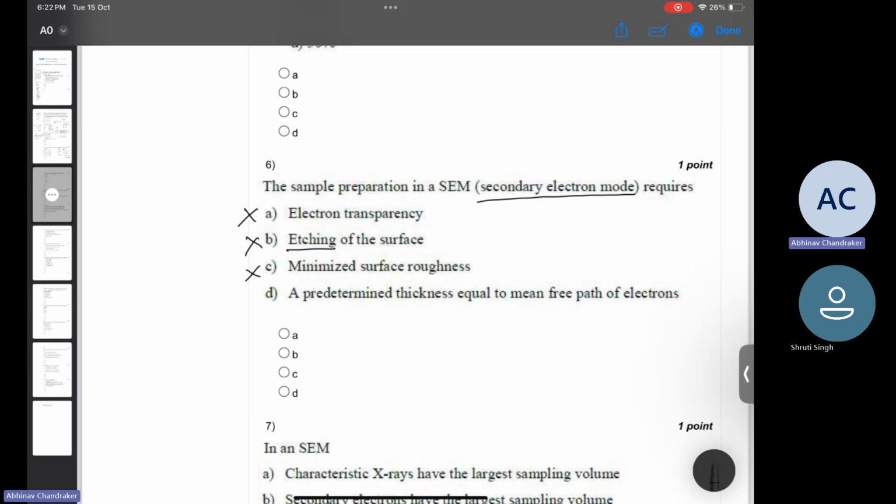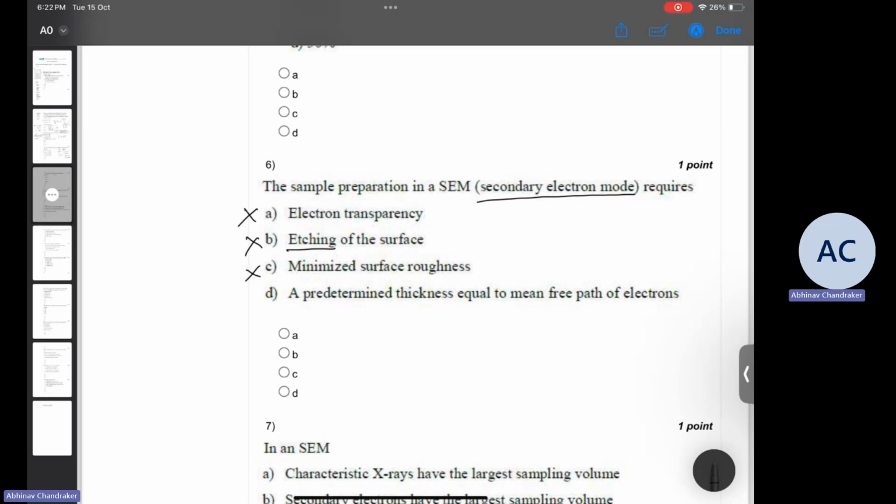It could be anything with which the electron interacts and changes its path. That is how we define mean free path. But if the thickness is equal to the mean free path, then it's likely that all the electrons will just pass through, and very few will interact. So this is not the purpose of SE mode in SEM. So this is also wrong.